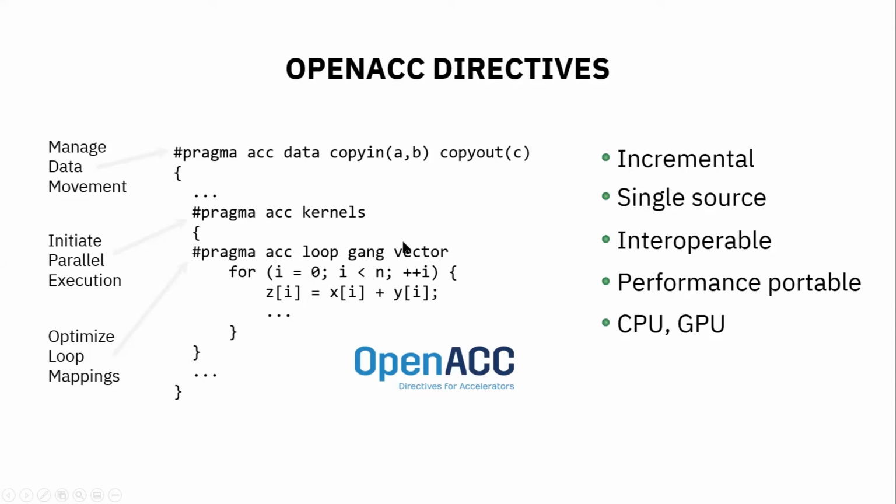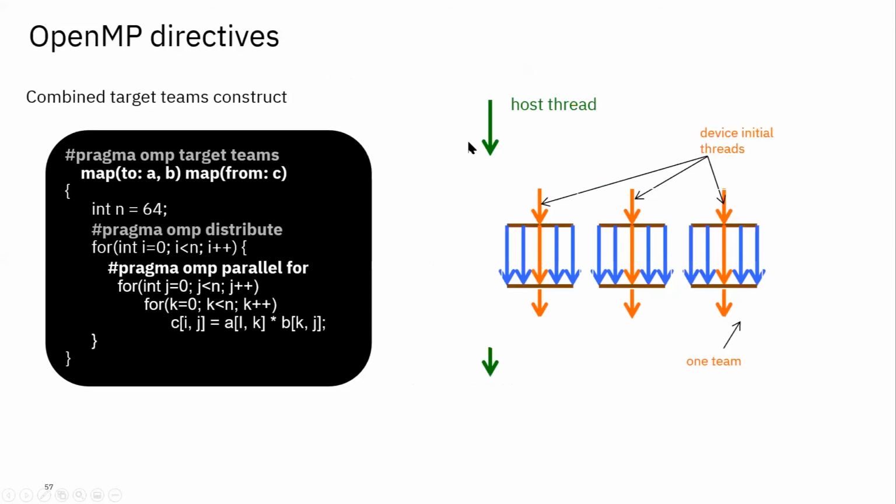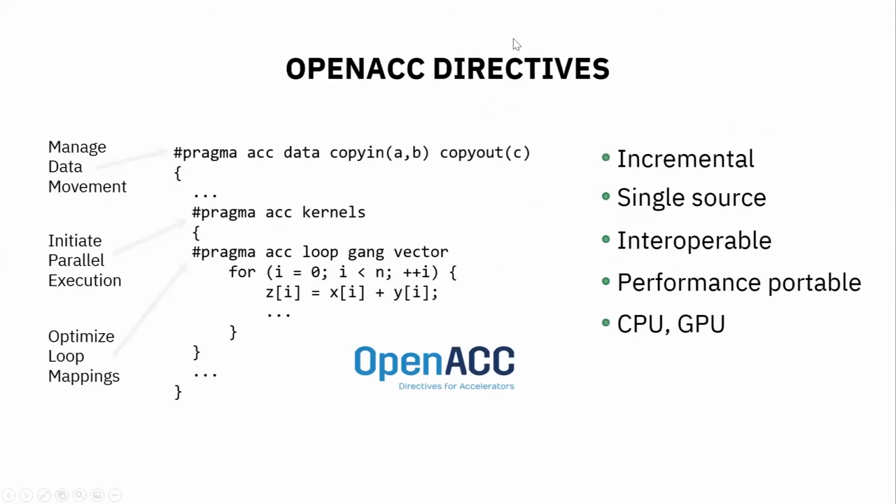So 6 years ago, I would have said that it's prototyping and you have to believe in what's happening next in the compilers. But now either OpenACC or OpenMP are efficient to run applications, to run directives. So here, typically the directive instructs data movement.